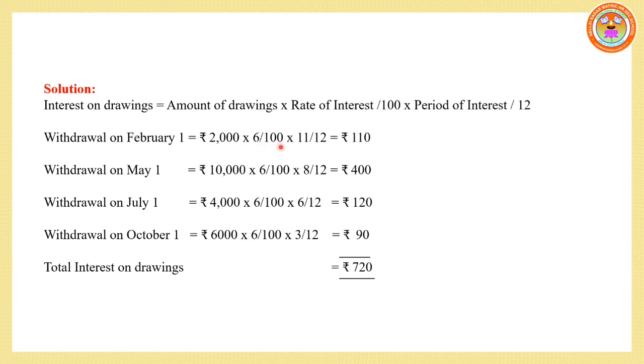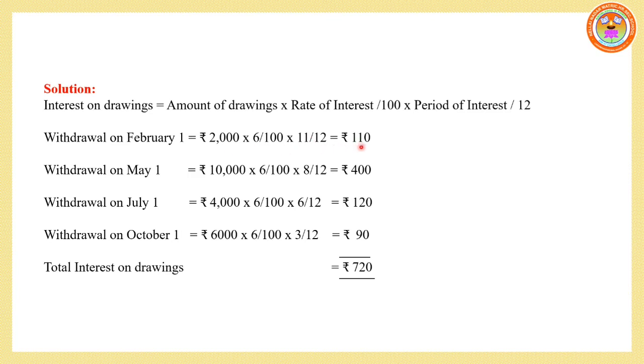Then the period of interest: he withdrew on February 1 and the accounting period ends in December. So calculate from February 1 onwards: February, March, April, May, June, July, August, September, October, November, December. So total how many months? 11 months. Simplify this, cancel it.